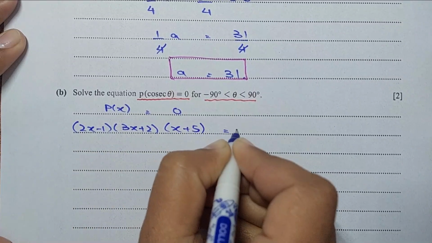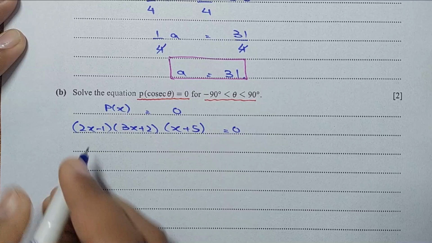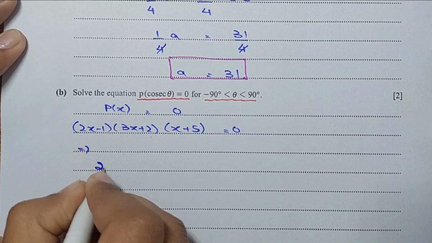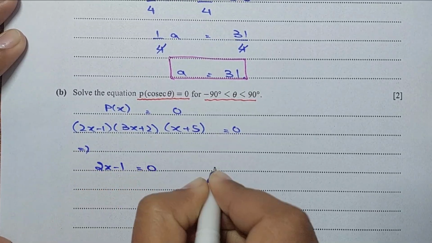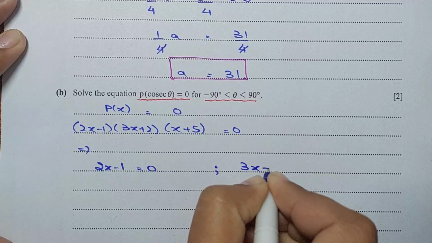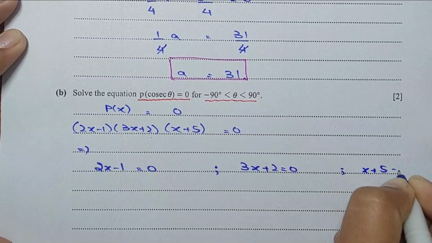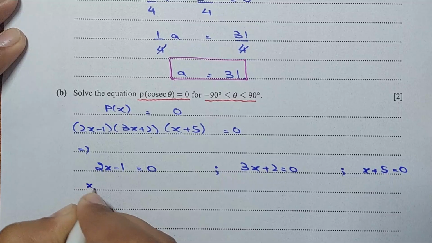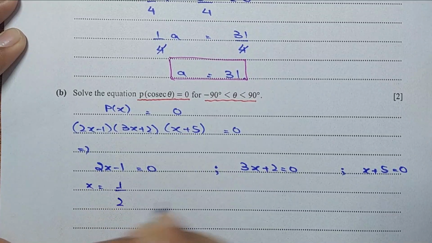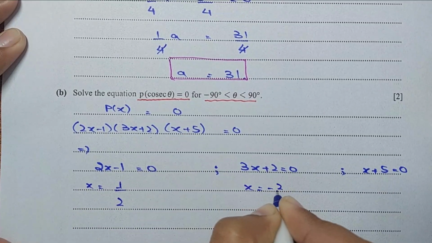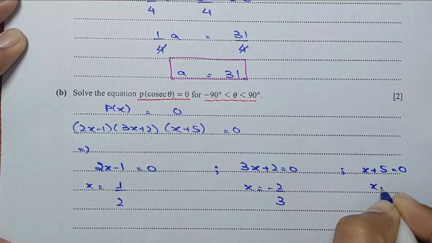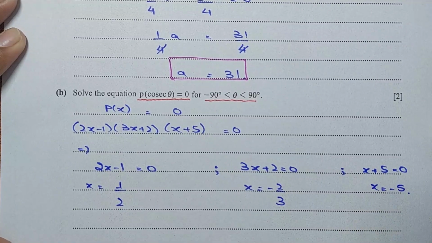We can put it equals to 0. When three factors are multiplied to equal 0, we have to put them separately equals to 0. 2x minus 1 is 0, or 3x plus 2 would be equals to 0, or x plus 5 would be equals to 0. So from here the x value is 1 by 2. Here the x value is minus 2 by 3, and here the x value is negative 5, right?